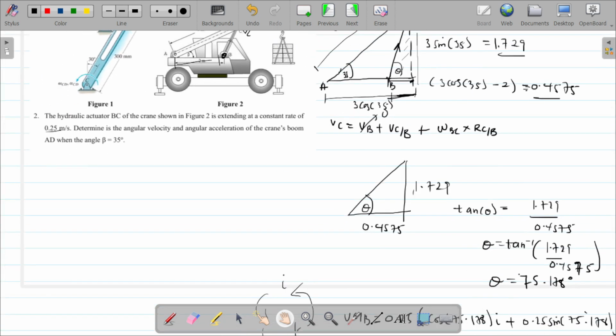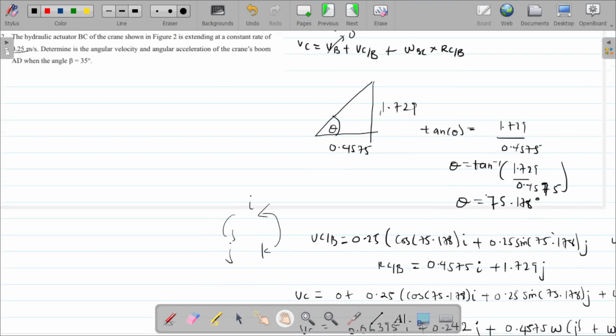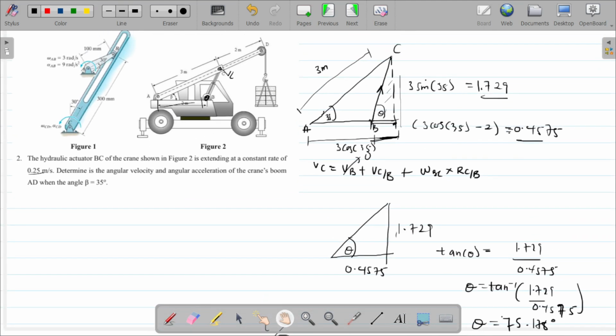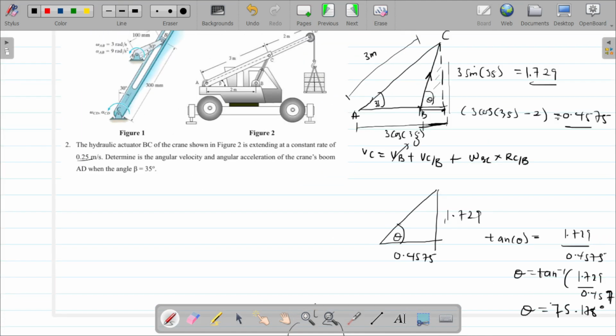All right, so velocity of C with respect to A, let's get that. Velocity of C is equal to velocity of A plus velocity of C with respect to A plus angular velocity AC cross r of C with respect to A. Here vC we don't know, vA is 0, there's no sliding velocity between them. Omega we don't know, so omega AC.